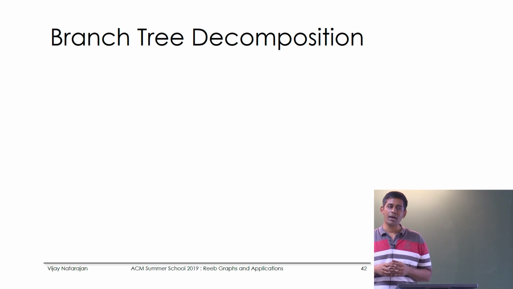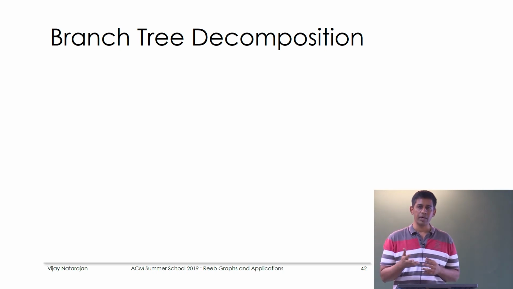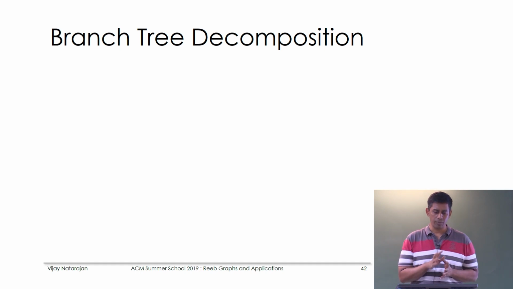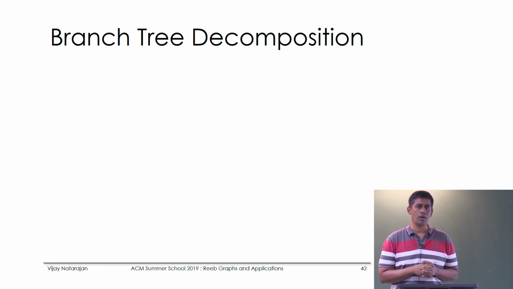But before that, I always find that it is useful to understand a structure if you can view it from different angles, right. So, here is another representation of the same Reeb graph. From now on we will focus a lot on the special case of contour tree, right, and we will go back and forth.